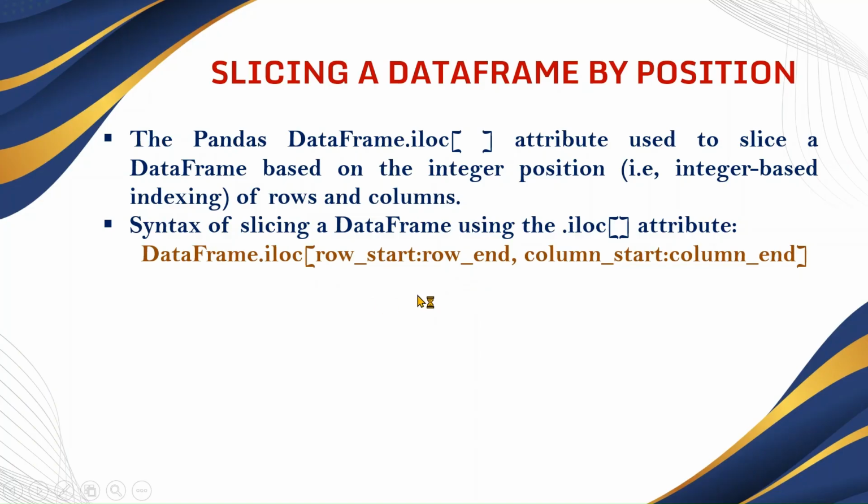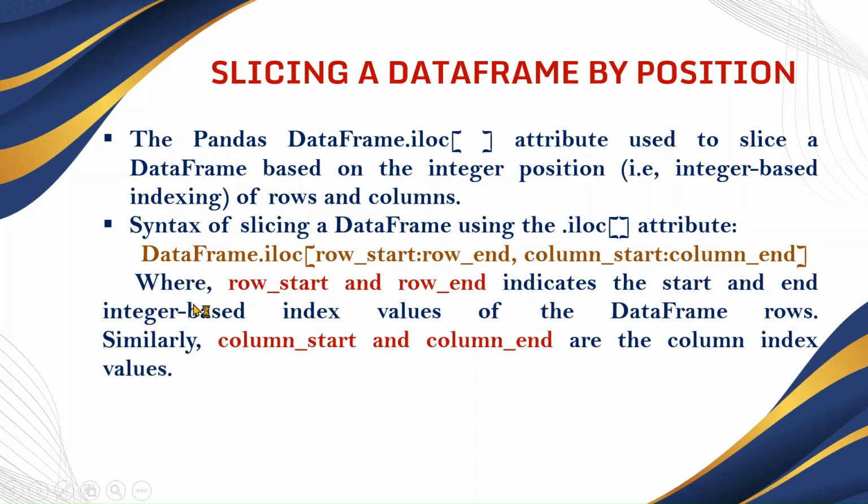So only rows 1 and 2 will be extracted. Similarly here also, 1 comma 3 for the column, starting with column number 1 but ending with column number n-1, that is 3 minus 1, 2. So any point of time when you go for the indexing concept, you need to remember that the starting number will be the same, but for the ending number, 1 minus 1 needs to be considered.